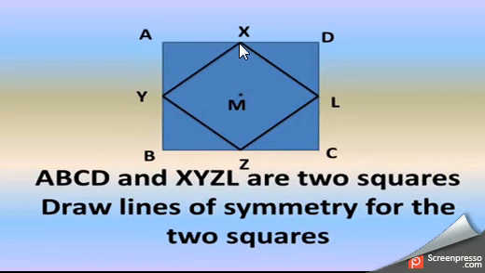Mister, do you consider the two diagonals of the square as lines of symmetry of the square? Yes, so I will draw this line of symmetry and this diagonal. Okay, mister, what about the other lines of symmetry? I will draw a line of symmetry here and a line of symmetry here, so the lines of symmetry of the square, count them, are 4.